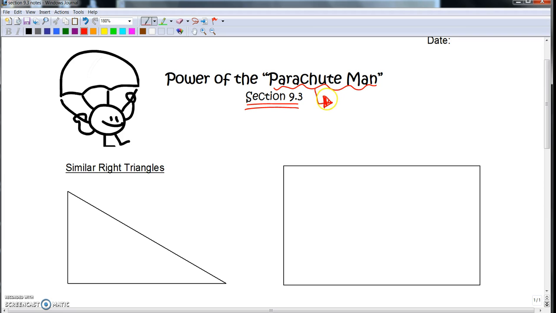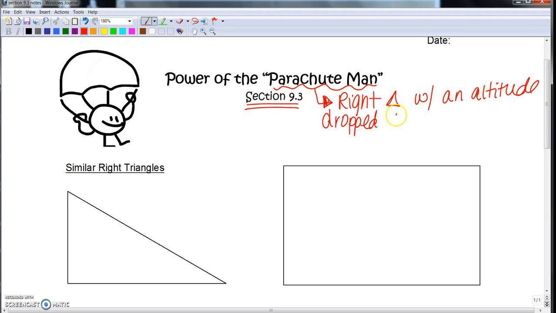And so the Parachute Man is only allowed to be used when you have a right triangle with an altitude dropped from the vertex angle with the right angle.